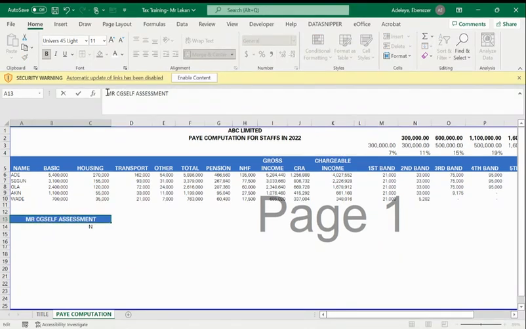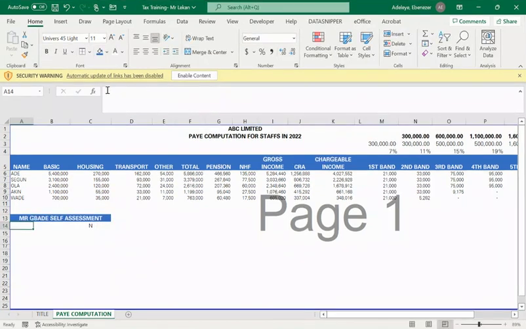Maybe Mr. Gbadi is the owner of the business. If it's a sole proprietor, for instance, we assume that the net profit of the business, after paying all of the salaries and removing everything, will be his own income.